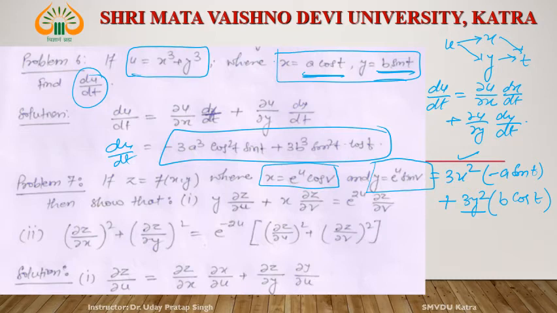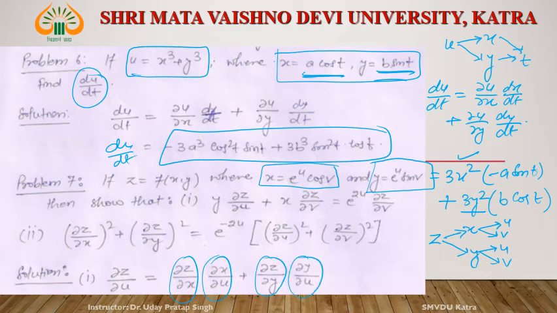What is del z by del u? See the diagram. How many paths are there from z to u? One path is z to x, that is del z by del x, then x to u, del x by del u. Another path is del z by del y and del y by del u.